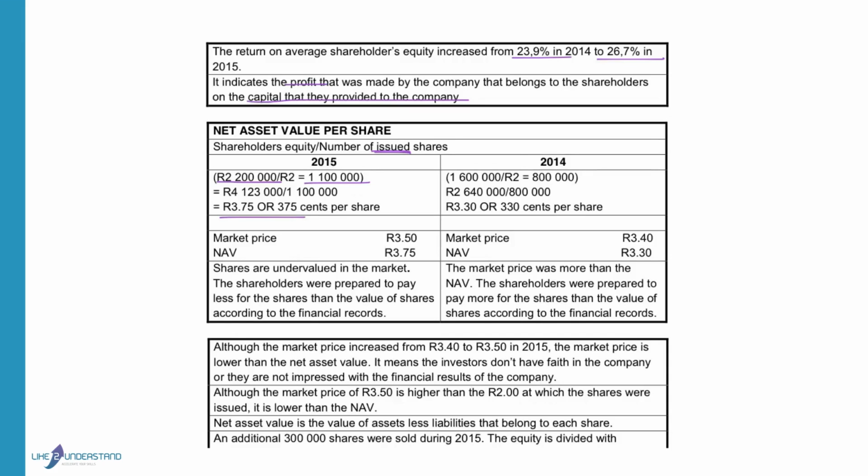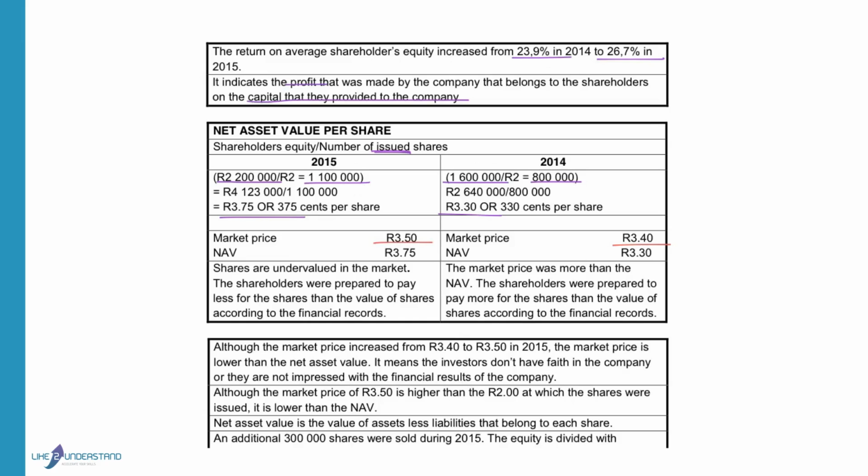In 2014, the capital was 1.6 million, the owner's equity. The number of shares issued in 2014 was 800,000, so that gave you R3.30 per share. The market price in 2014 was R3.40, and the market price in 2015 is R3.75.